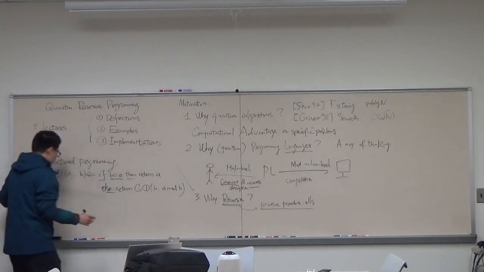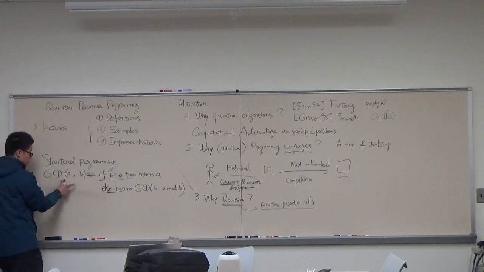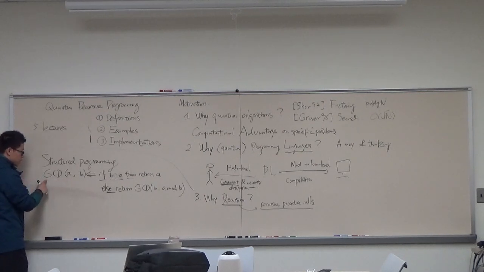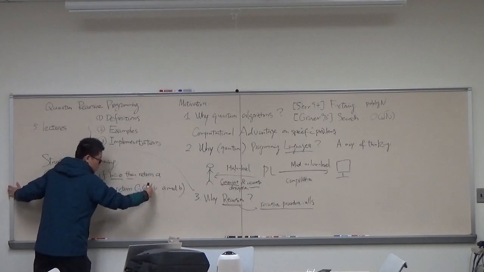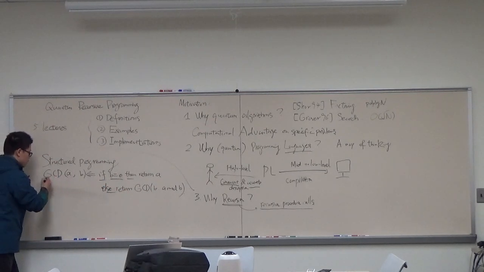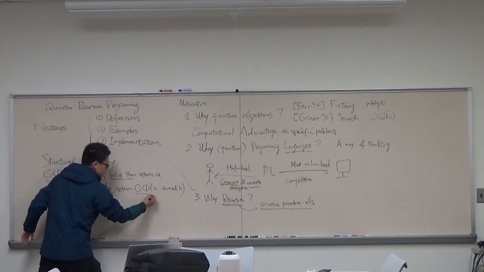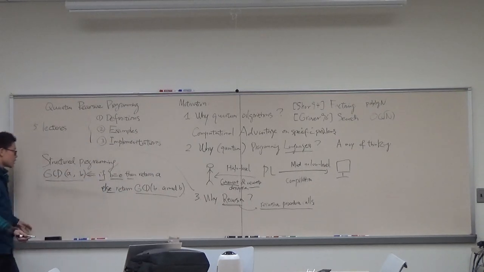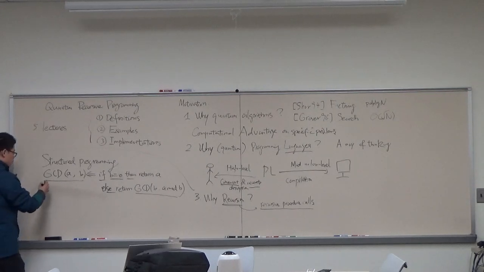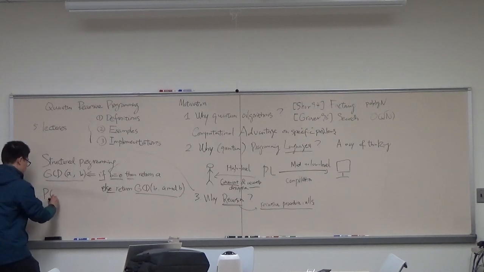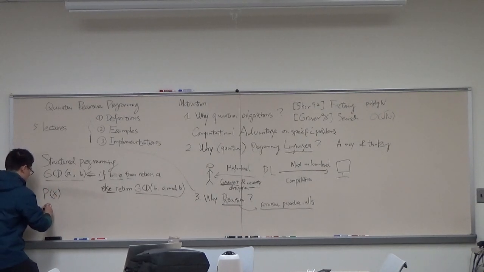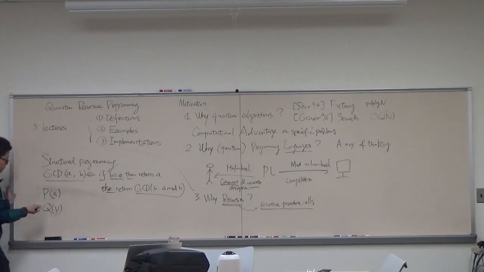We can do something more complicated. So this is just the one procedure, where you are defining some function using itself. So you are defining GCD(A, B) using GCD(B, A mod B). But we can write more complicated recursion. So for example, you have two procedures, like P(X), and you have another, Q(Y). So they can call each other mutually.